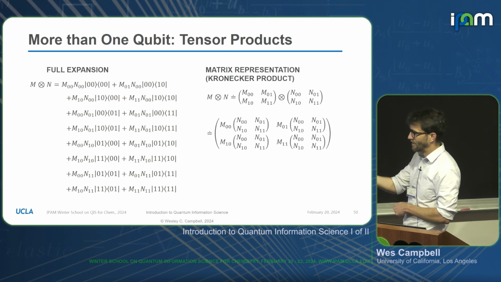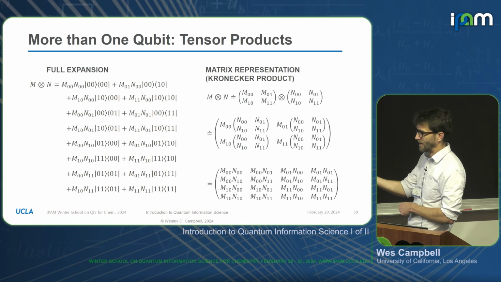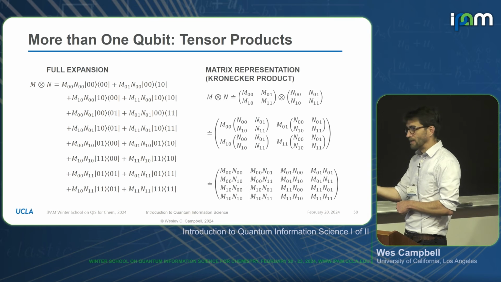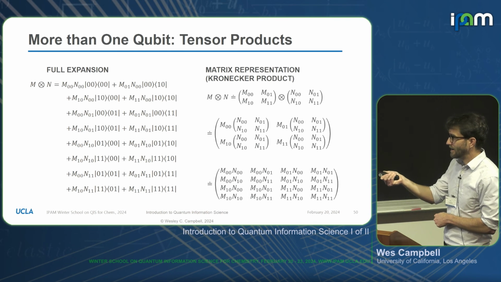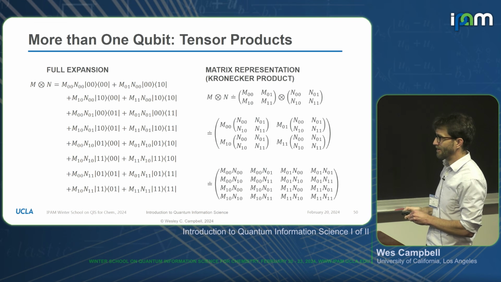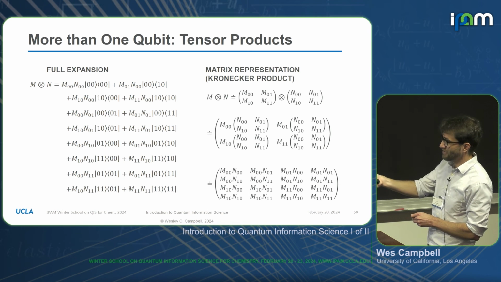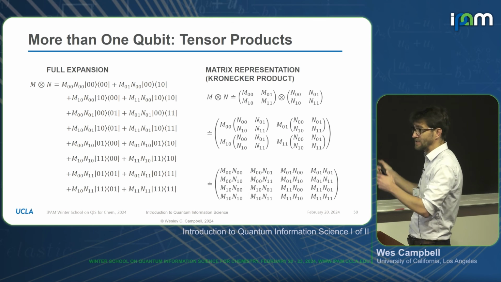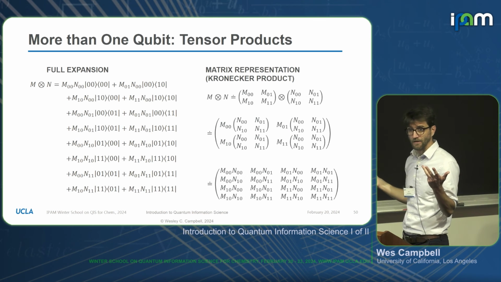Then you do the same thing over here, same thing over here, and same thing over there. So what you get is this thing. This is how we make operators that have some aspect of them operating on qubit number 1, which would be the first one, and qubit number 2, which would be the second one. And this generalizes to as many qubits as you like.